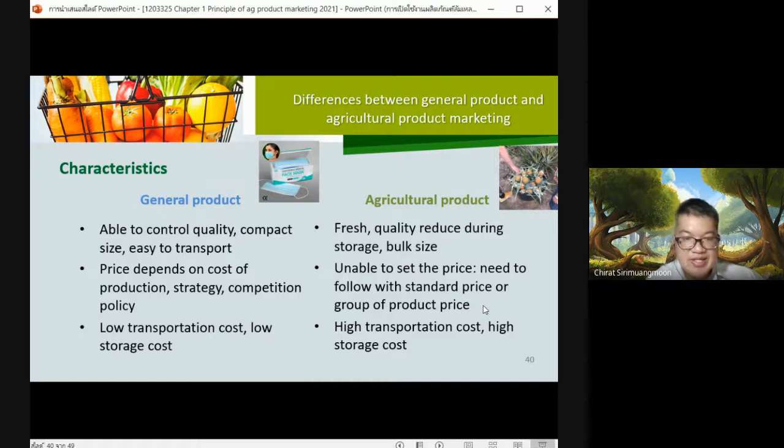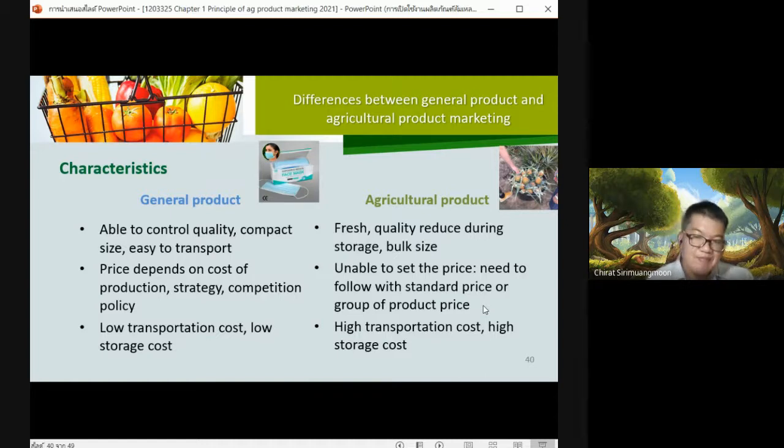And how about the price? For general products, the price depends on the cost of production, strategy and competition policy. But the price of agricultural products is not stable. It depends on the season and the demands of the market.